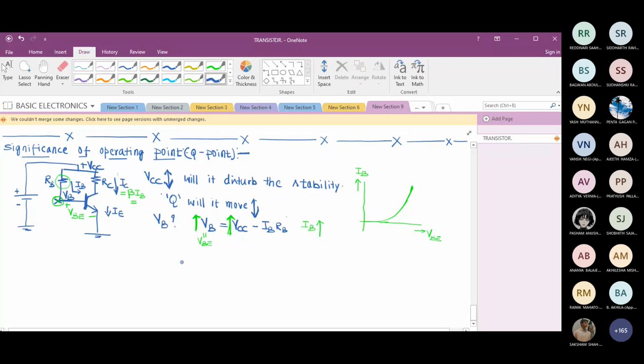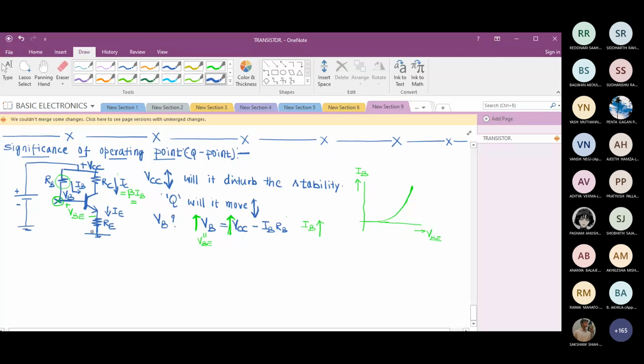Now, to overcome this drawback, what I will do is, I will connect a resistor at the emitter. Deliberately, I will connect a resistor at the emitter. Say RE is my resistance. Since we have connected the resistance RE to the emitter, fine.